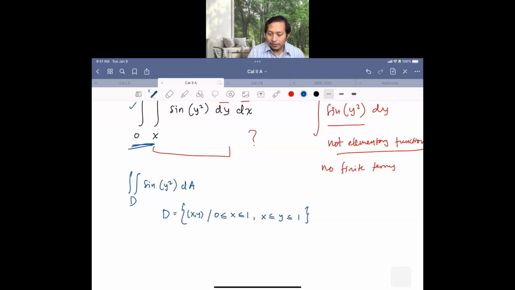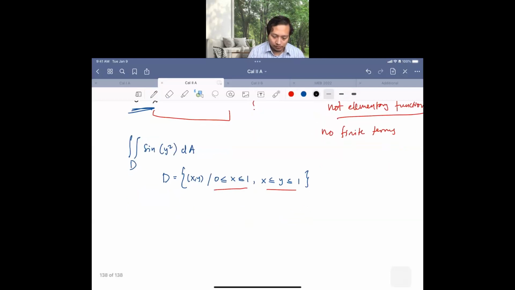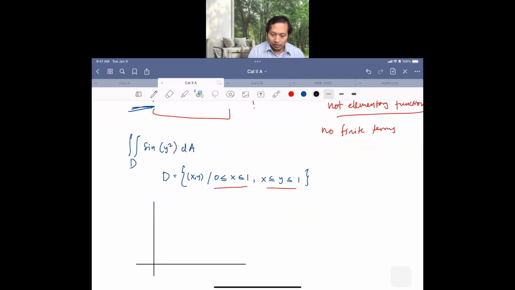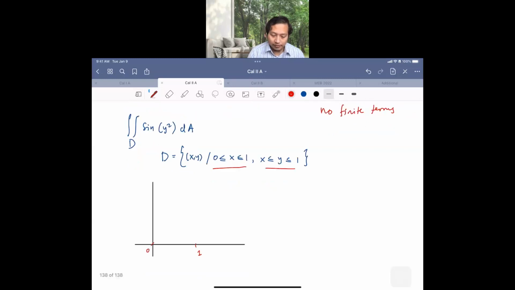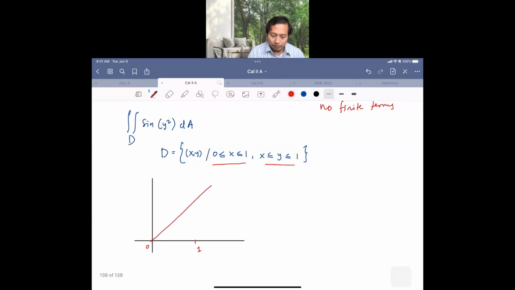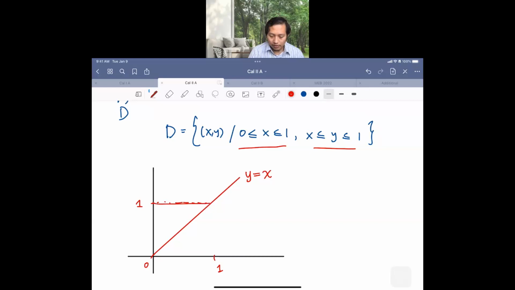Okay, now to get more understanding, we can sketch the region. So x from 0 to maybe 1 is here, and then y equal x, and then up to y equal 1, maybe here.